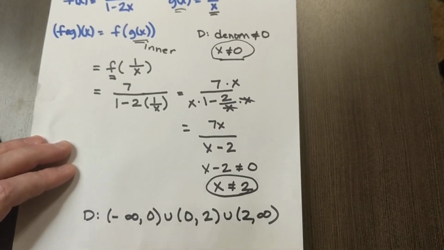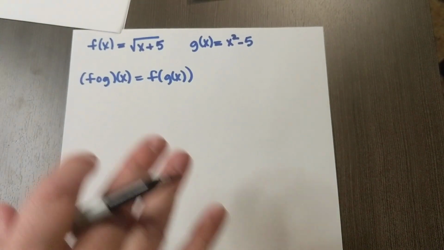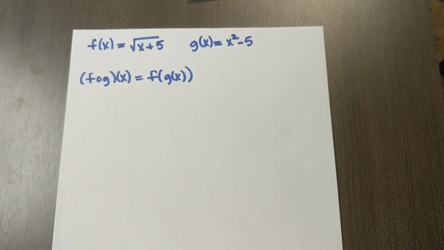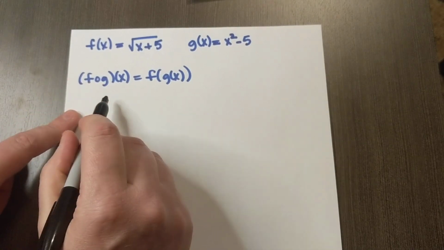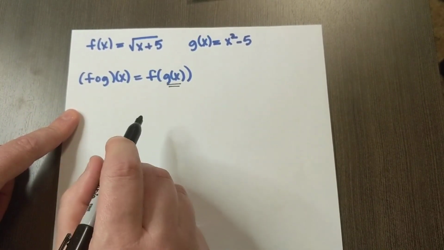All right, next, let's take a look at a square root problem. I have one here for us from the homework. So here's f of x and g of x. Again, let's find this composition. I'm going to do the same one, where the inner function is g of x.